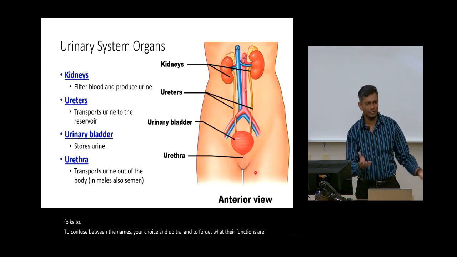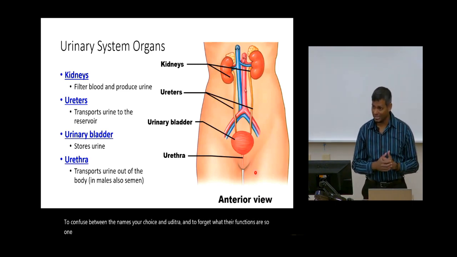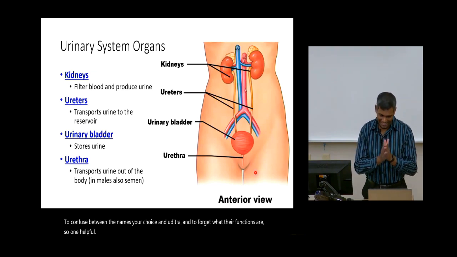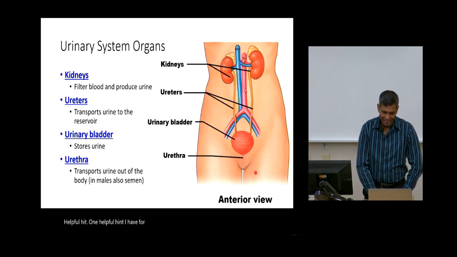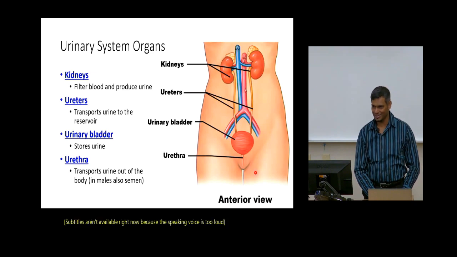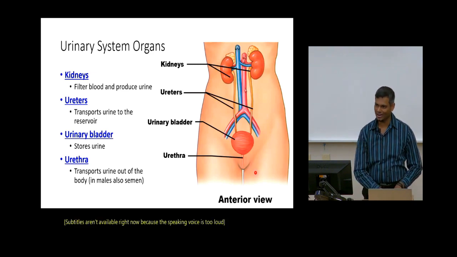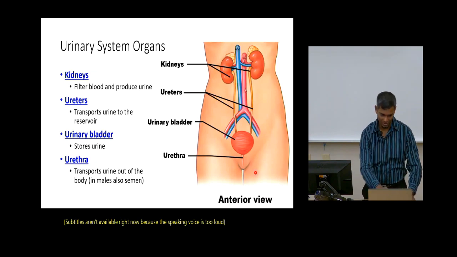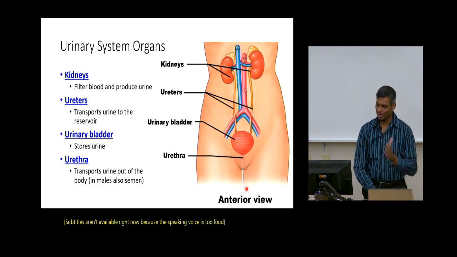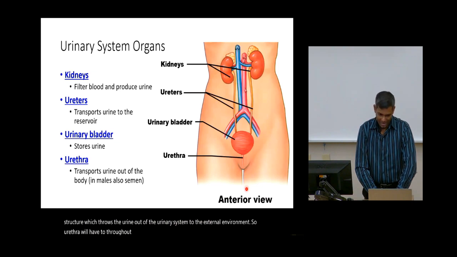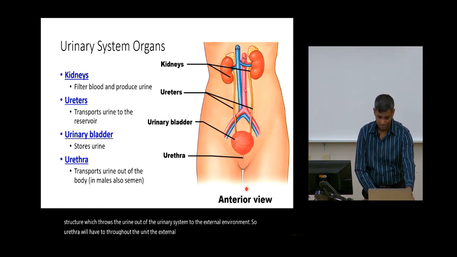So one helpful hint I have for you is to think about the urethra as being the tube-like structure which throws the urine out of the urinary system to the external environment. So the urethra will help to throw out the urine to the external environment. Okay, so I hope that helps you.